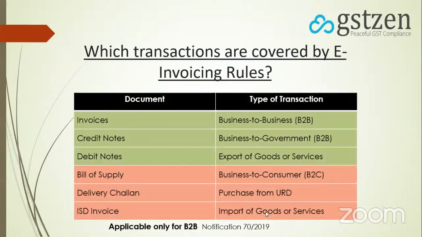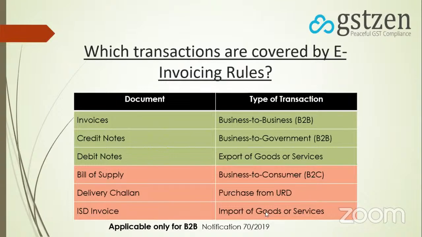Now this is very important. Which transactions are covered under e-invoicing rules? If you are eligible for e-invoicing, you need to know for which particular transactions and documents you have to generate e-invoices, and for which transactions e-invoicing is not applicable. For any taxable supply, please make note, you only have to generate e-invoice in case the transaction is B2B, business to government, or in case of export of goods and services.